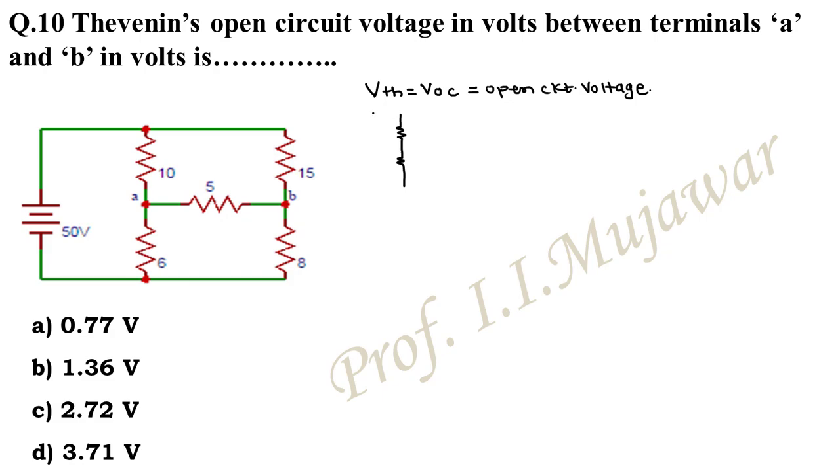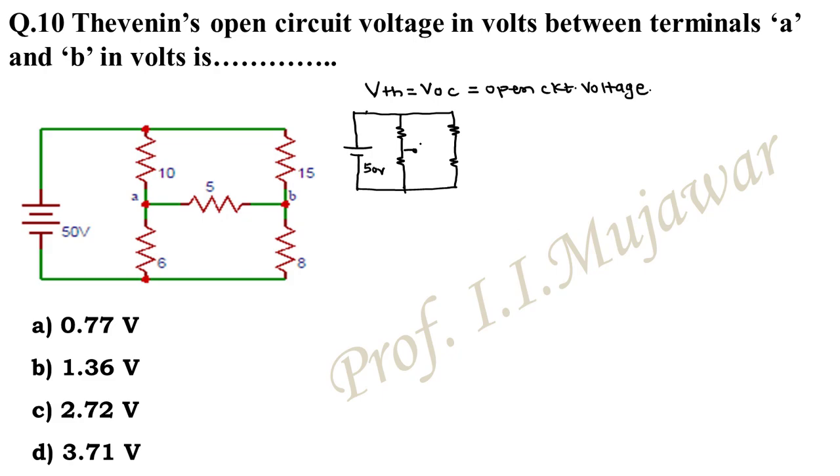so this is one branch and there is another branch in parallel with the first branch, and across this one we have the voltage of 50 volt.